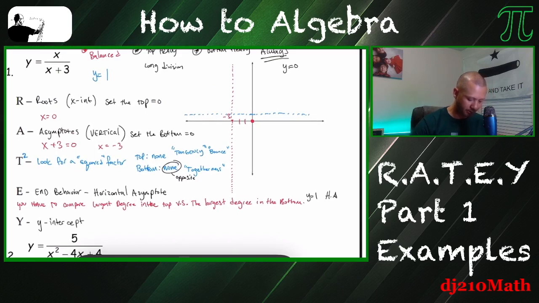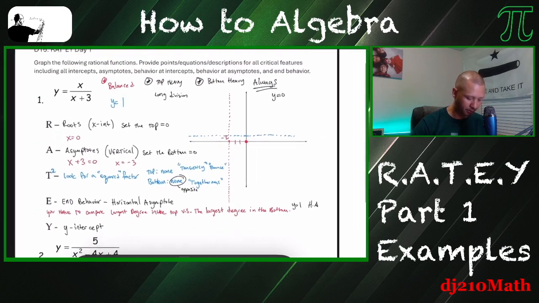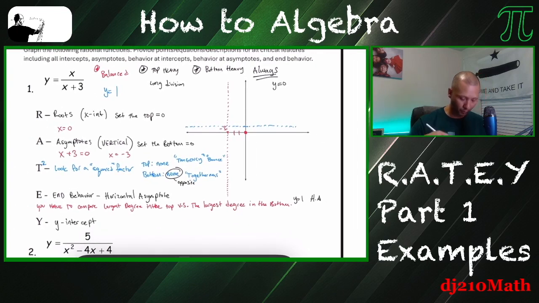So here we have to think about when it crosses the y-axis, and that is when x is equal to 0. Specifically, x being 0, not the top or the bottom, but x in general, because we're talking about a point.